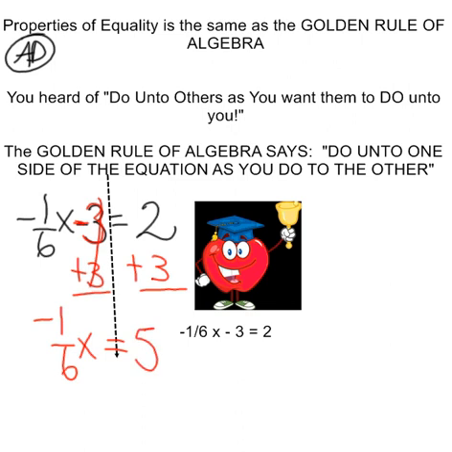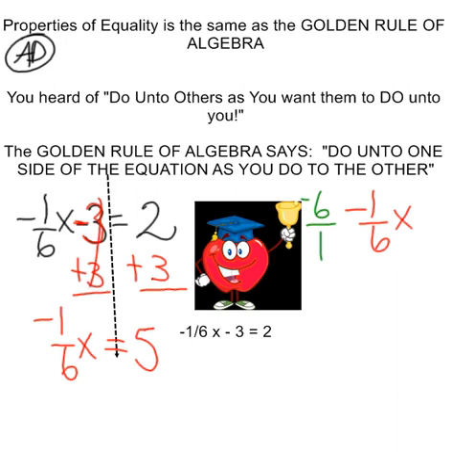Now, this really excites me when we have division. It excites me because whenever I have a fraction connected to a variable like glue, I want to reciprocate. That means flip over the fraction. So my 6 will now be my numerator and my 1 will be my denominator, and it will still be negative.